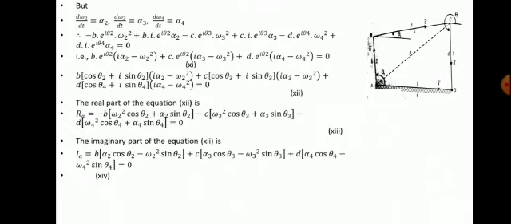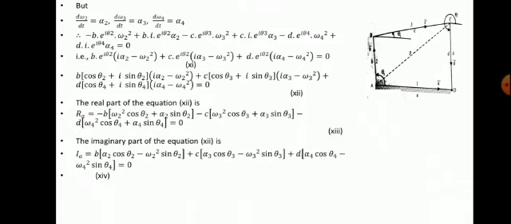Taking b e^(i theta 2) common outside, we get i alpha 2 minus omega 2 square. Similarly, c e^(i theta 3) you take outside.